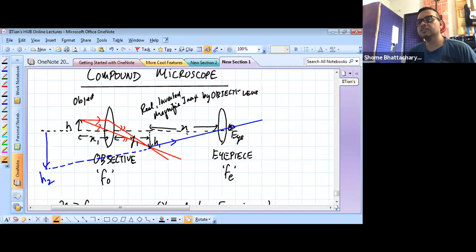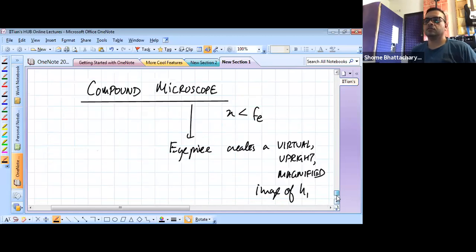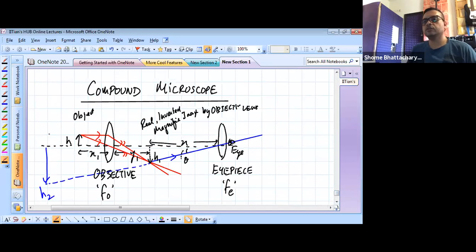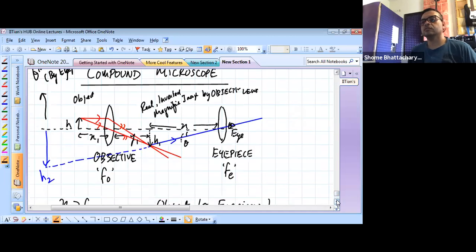So the final angular size that the eye is seeing is this theta. So if this h2 now, this final image by the eyepiece, is at a distance of y from this pole, this distance is y.